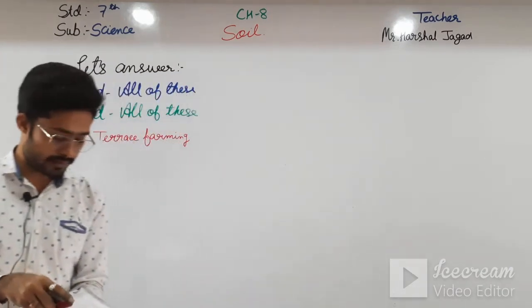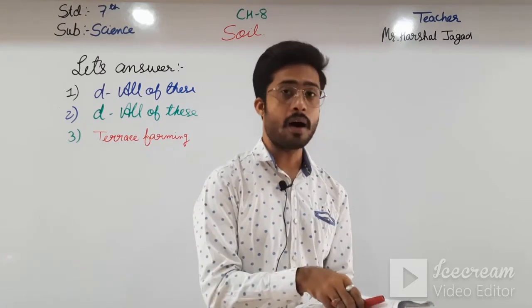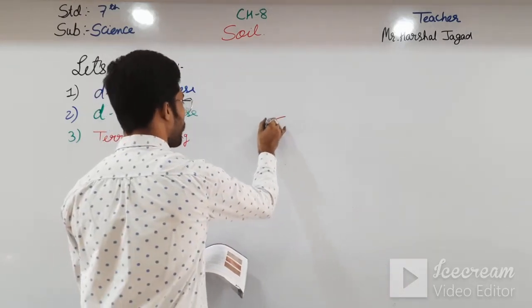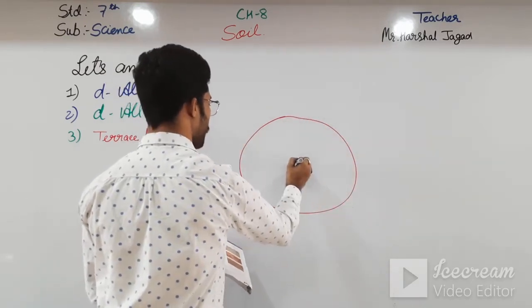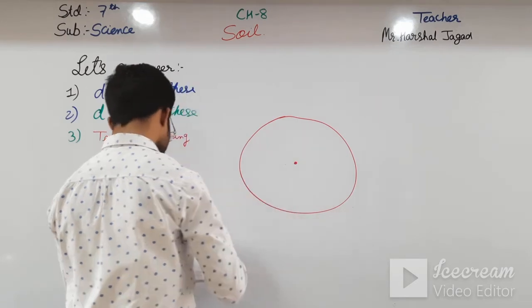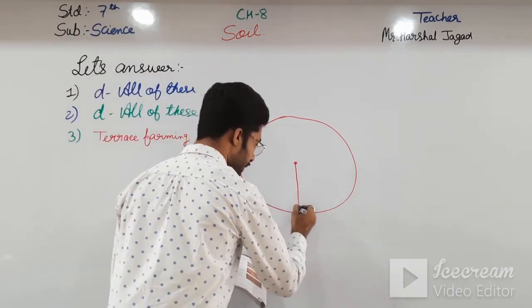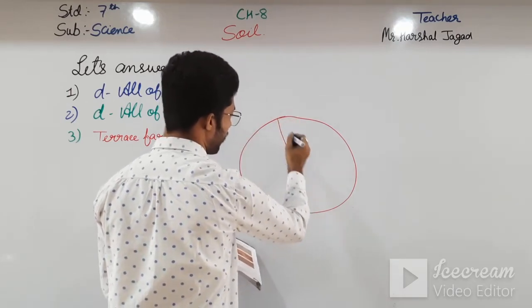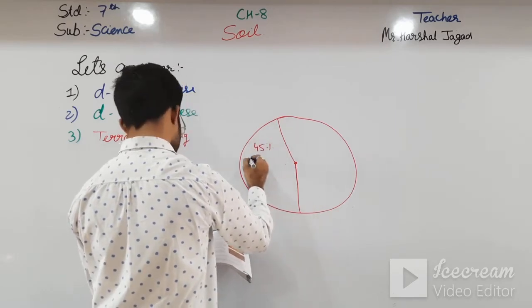And now moving further, composition of the soil. How much particle is there? See here, I am first of all drawing that. So here 45%, means you can say this is 45% of soil particles.